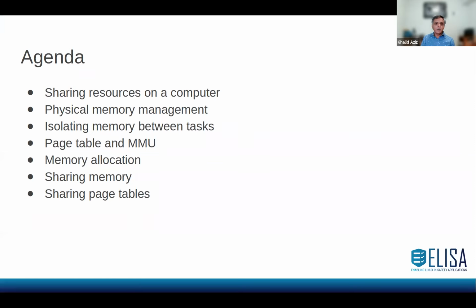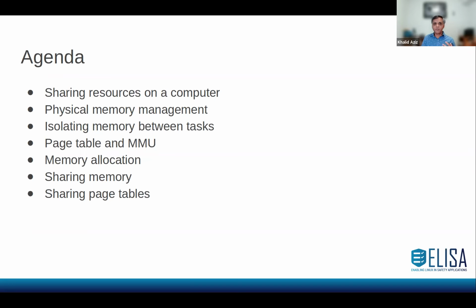What we are going to talk about is that on a computer system, you have shared resources, one of them being physical memory, and that physical memory has to be shared across multiple tasks that might be running on the system. The memory management subsystem in the kernel ensures that all the tasks have access to the resource they need, and their access to that resource is isolated from each other.